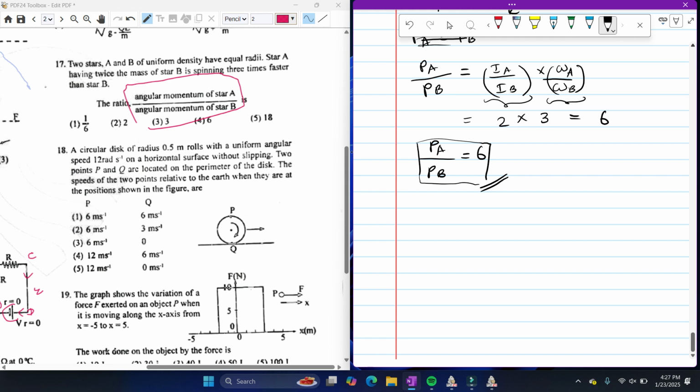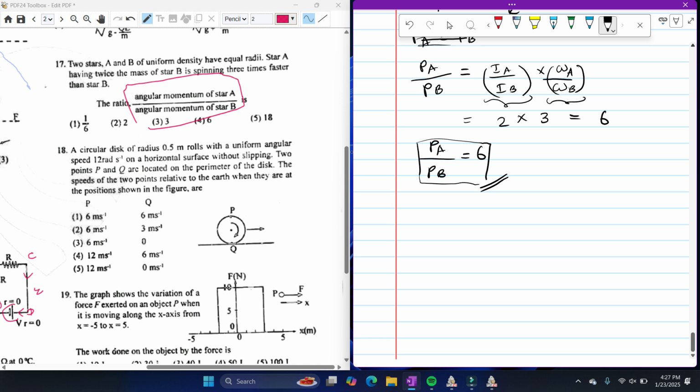Question number 18. Under mechanics, circular motion: a circular disc of 0.5 meter radius rolls with uniform angular speed of 12 rad per second on a horizontal surface without slipping. The 2 points P and Q are located on the perimeter of the disc. What are the speeds of the 2 points relative to the earth when they are at the position shown in the figure?